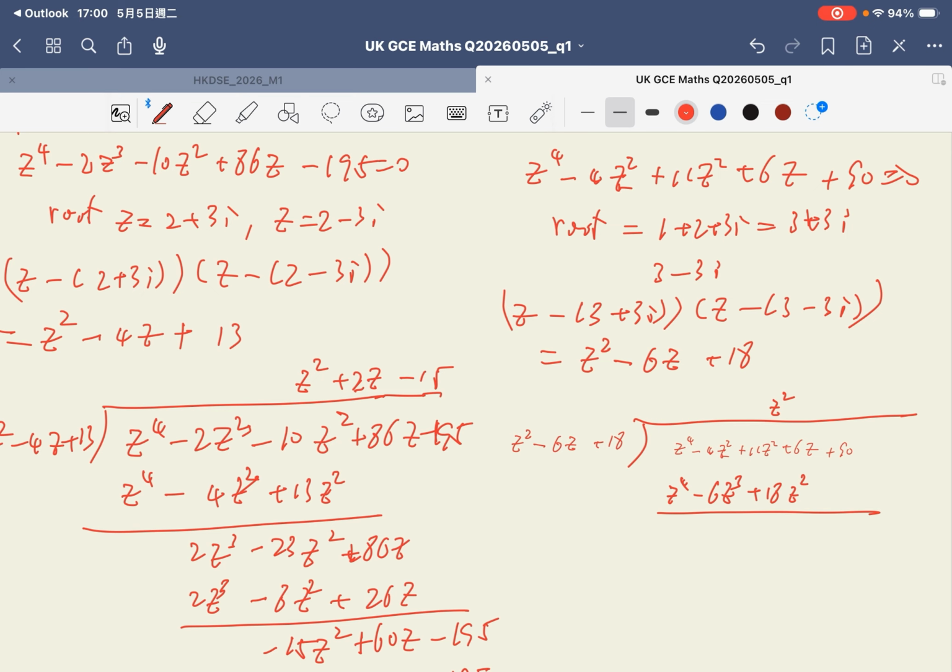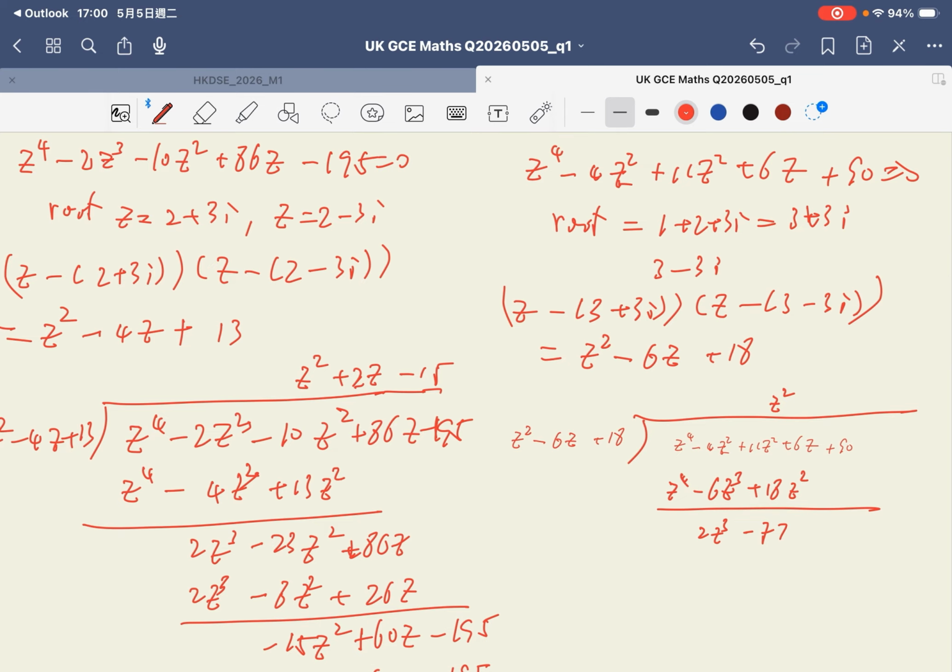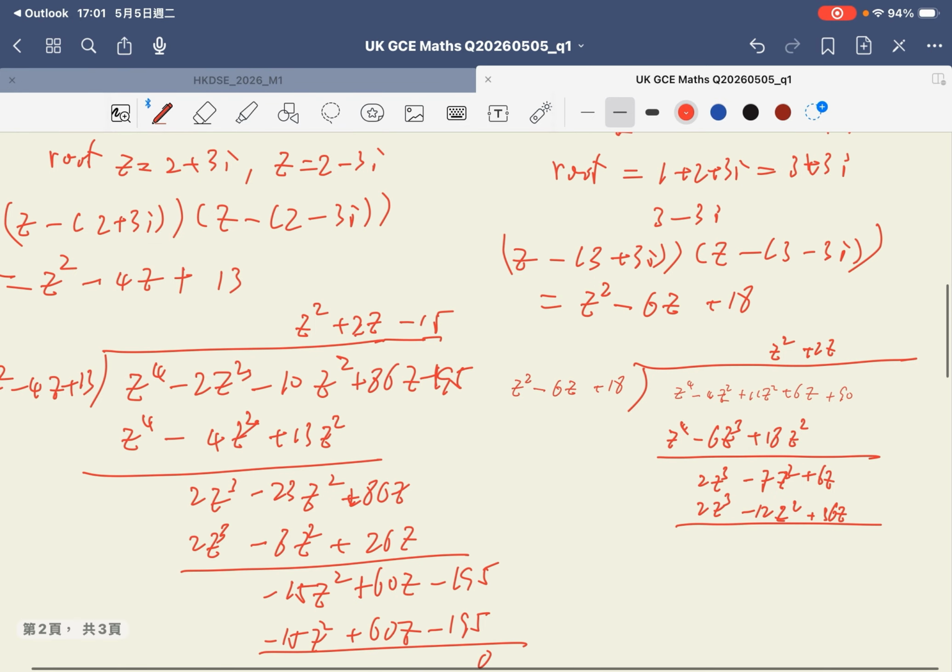That is z to the power 4, then 2z cubed minus 7z squared plus 6z, and plus 2z, minus 12z squared and plus 36z, and 5z squared minus 30z plus 90, and that's positive 5. Yes.